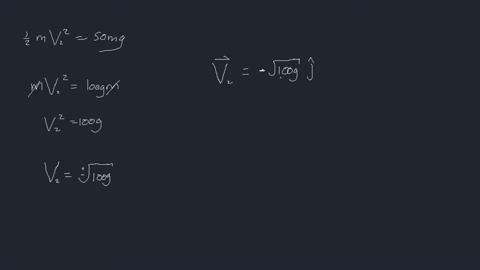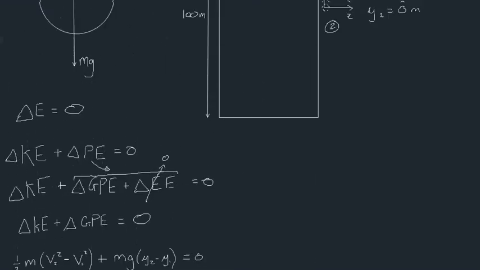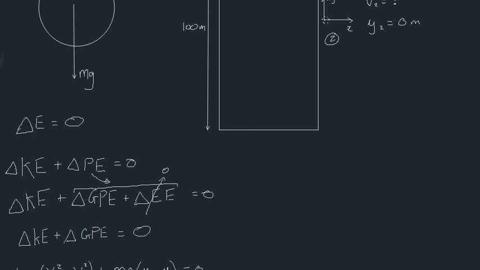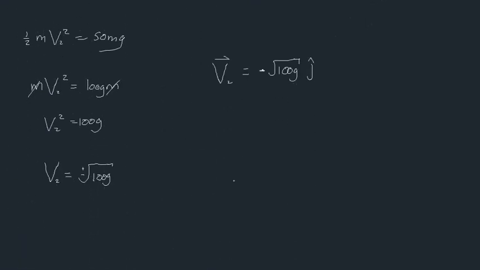And this may be a lot to swallow at this point, but all I'm saying now is, using common sense, we know that our velocity at our second point will be going down. That shouldn't be too surprising to you. It's accelerating due to gravity and it's heading downwards, and we know the magnitude of it. So combining these two things, we know the direction and we know the magnitude. So our velocity is going to be negative the square root of 100g.